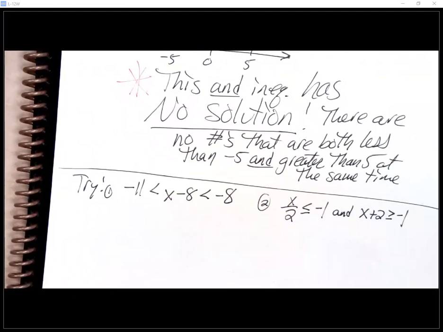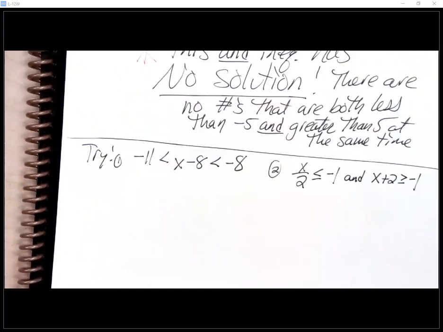Okay, how'd we do? All right, let's look at the first one. So this is one of those ones that's joined, it's written all together. I want to get that x by itself, so what should I do? Jay, go ahead.